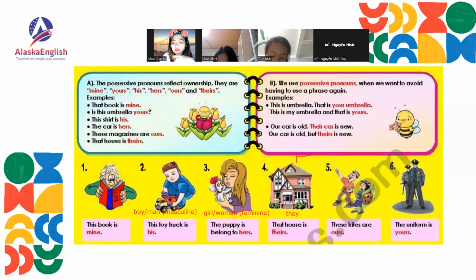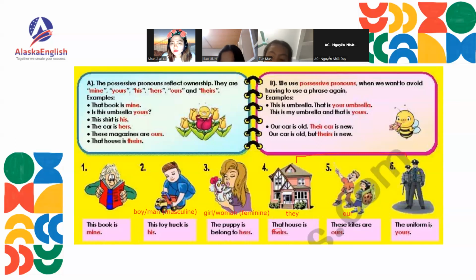How about number 5, Tuiman? These kites are ours. And it replaces the pronoun our. Okay. And number 6, Baoling.